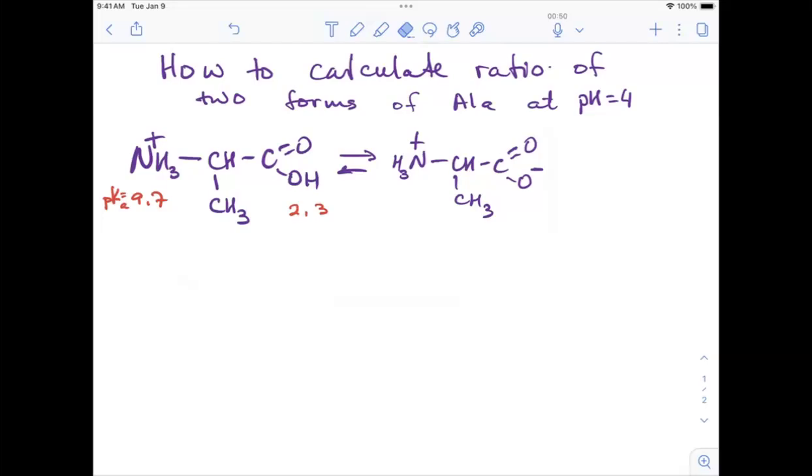All right, and then that's the first pK. And then for the second pK, we're going to lose a proton on the amino group, and the amino group will just become NH2, CH, CO, O minus with the side chain. So we have three forms of alanine here.